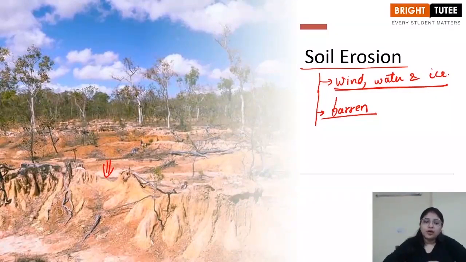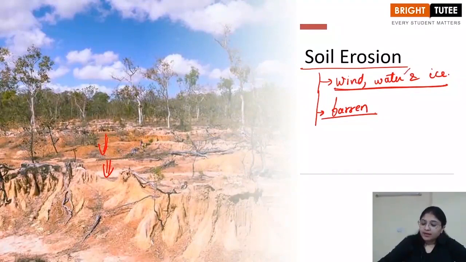That means when the water is flowing from this region, it will take away the topsoil along with it. And we have already talked about how the topsoil contains a lot of humus and is useful in keeping the soil fertile and supporting a lot of vegetation, right?